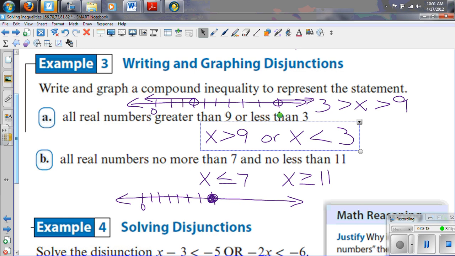Fill in the circle, going to the left. Fill in the circle on 11 because it's equal to as well, and going to the right. So there are the numbers that are no more than 7 and no less than 11.